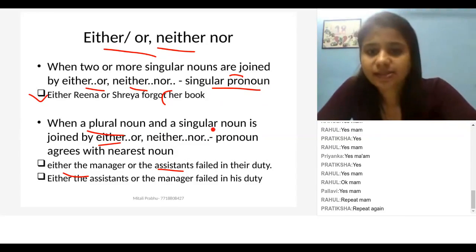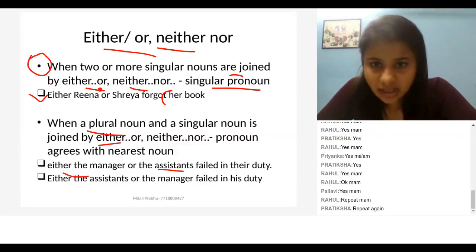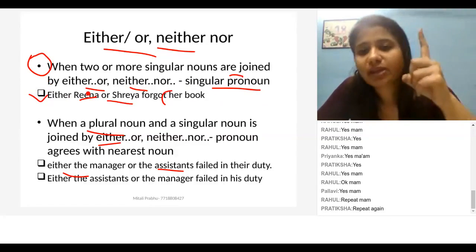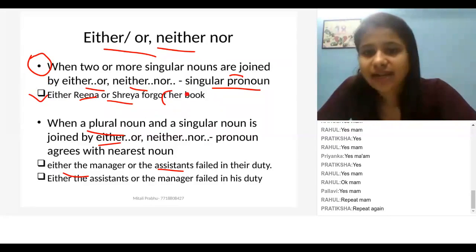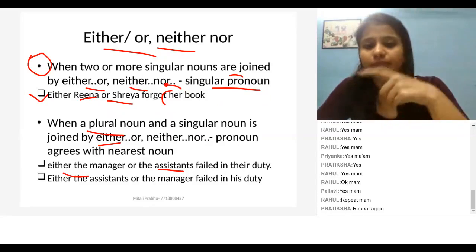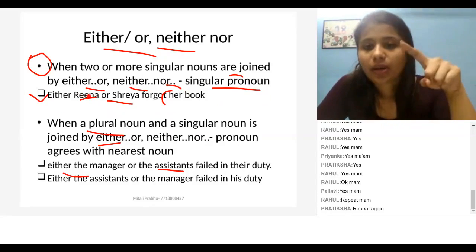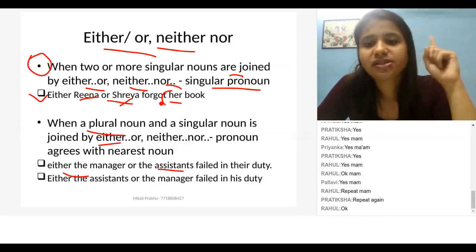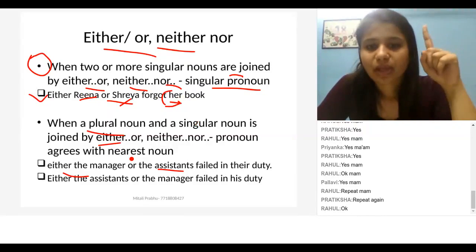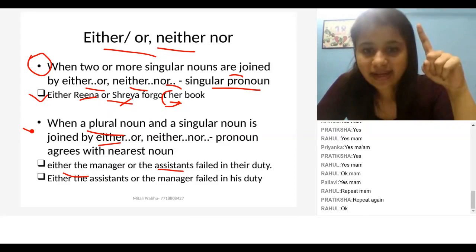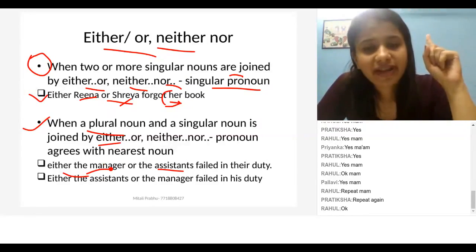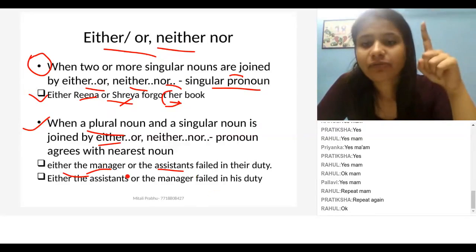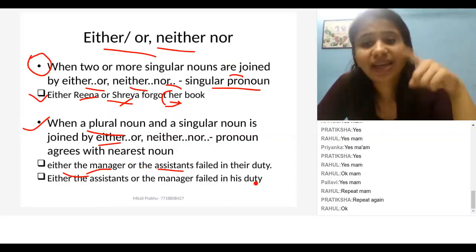Now see the first sentence. If it was Reena or Shreya, only one of them has forgotten the book, right? That is why the pronoun will be "her". If Reena forgets the book, it's still going to be "her". If Shreya forgets the book, it's still going to be "her". But in the second case, if the manager fails his duty, it's going to be "his".